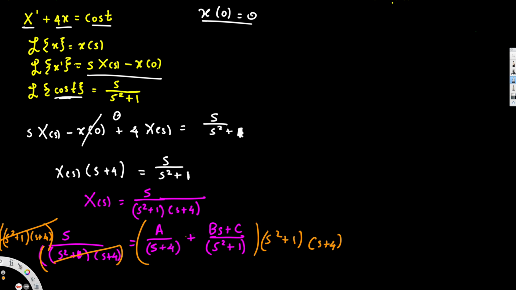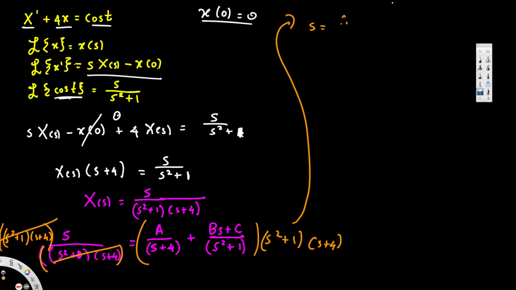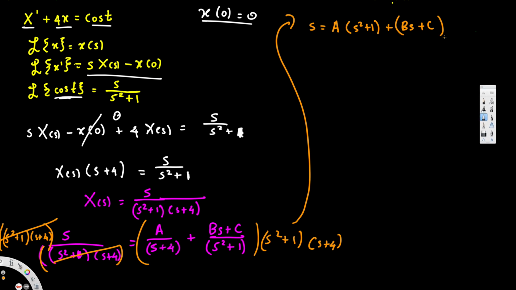On the other side we will have s equal to a over s plus 4, which cancels, so we will have s squared plus 1 in the numerator: a times (s squared plus 1), and then (bs plus c) times (s plus 4), because the denominator and the numerator cancel, so s plus 4 remains right here.